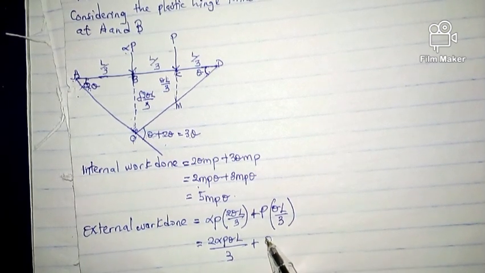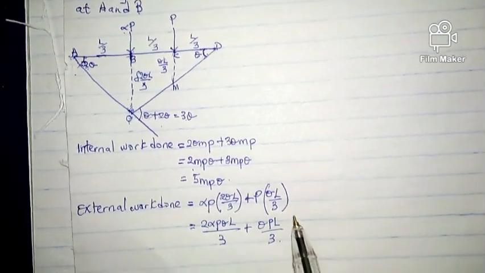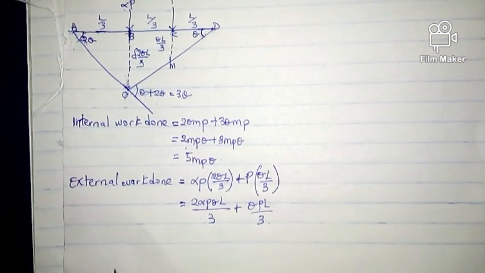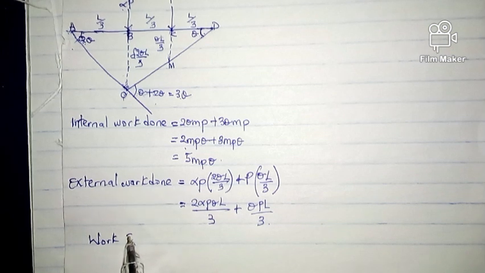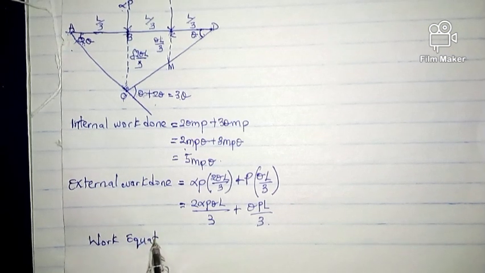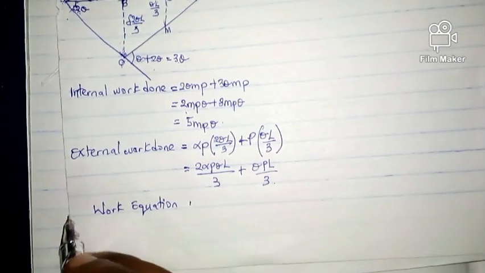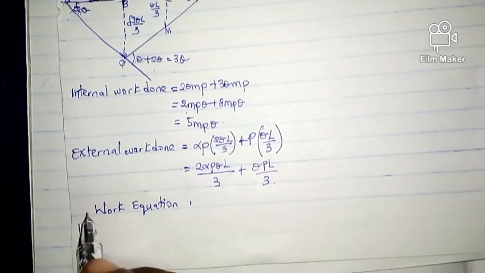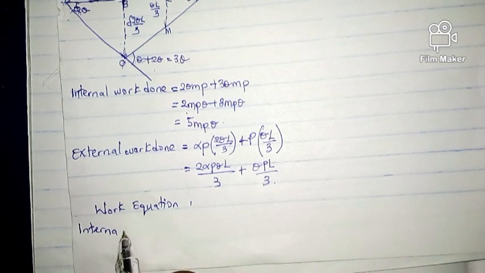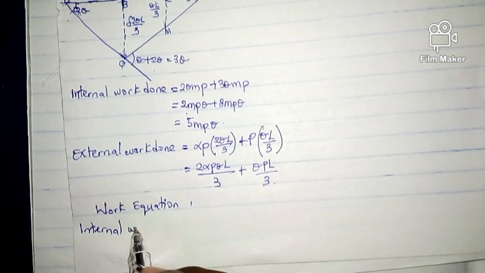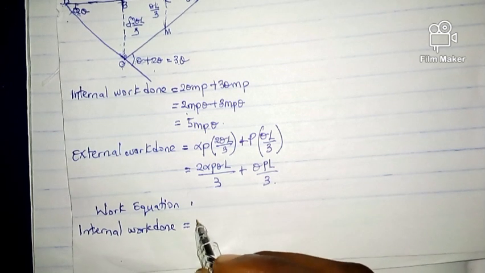Now we have our work equation. Our work equation is: equate the internal work done to the external work done. So internal work done equals external work done.